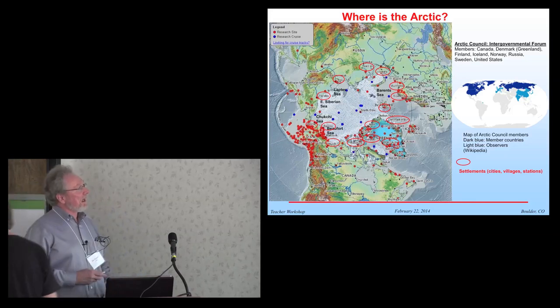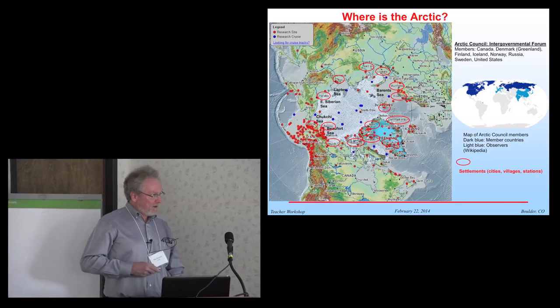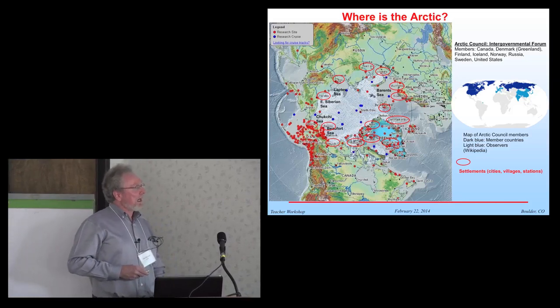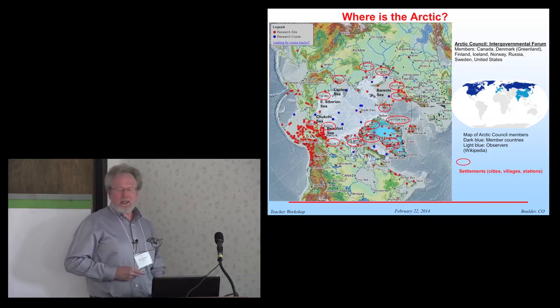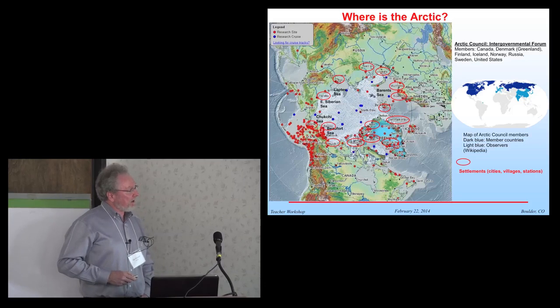So, where is the Arctic? Well, the Arctic obviously is surrounding the North Pole, right here in the middle of this picture. There are a lot of different definitions of what the Arctic is. One definition that some people use is everything north of the Arctic Circle, which is this dotted line. If we take that definition, you see that the center of the Arctic is basically an ocean.